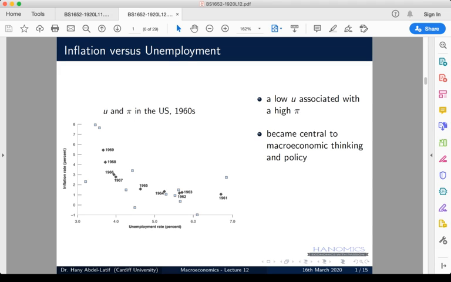As I said, this relationship became very popular at that time, and it became central to macroeconomic thinking and policy.